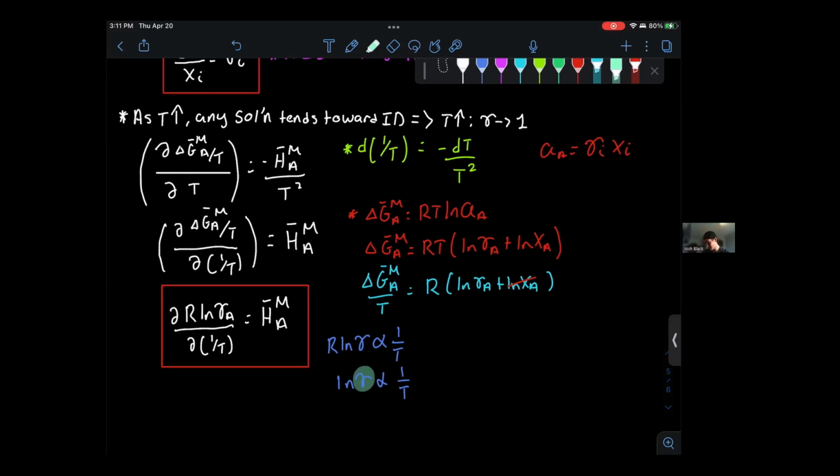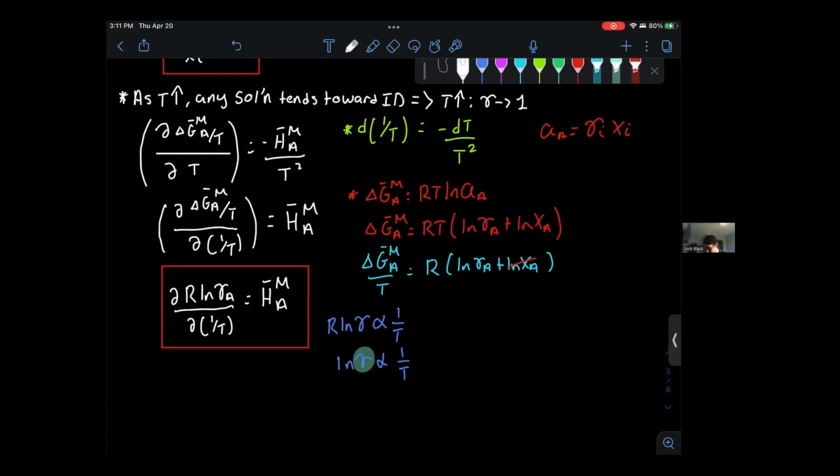Meaning, this is the kicker, as our temperature increases, what happens to our activity coefficient? It approaches 1. So what happens to our solution? It approaches ideality. Pretty cool when you lay out all the steps.